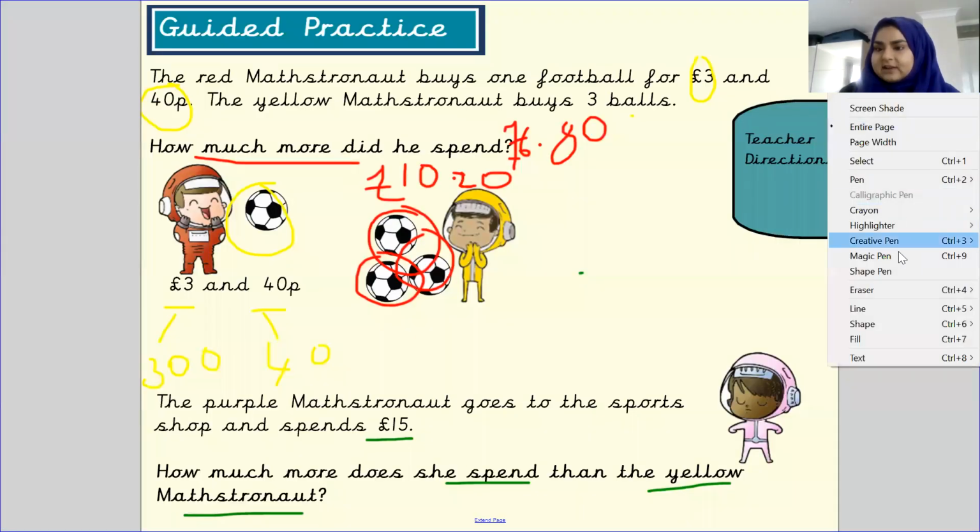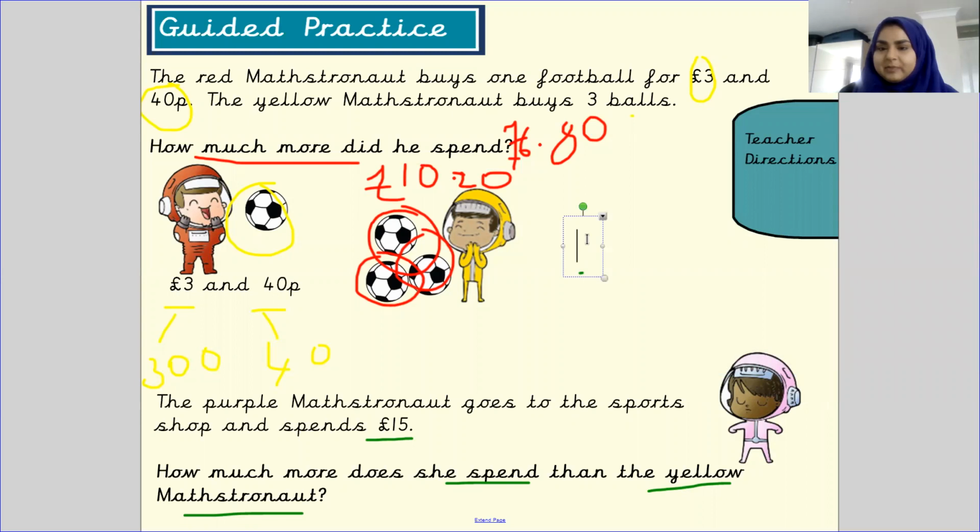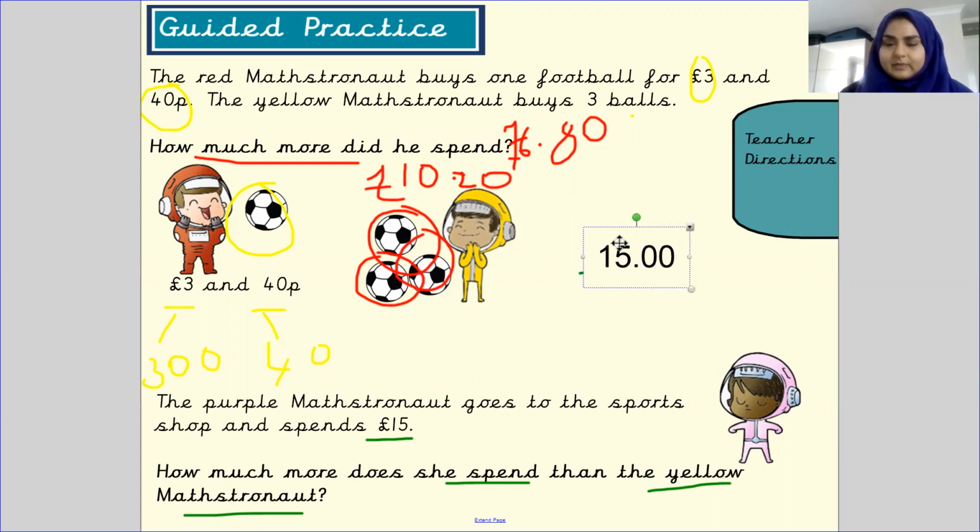Now let's work this out. So we are going to work out how much the purple astronaut spent, how much more she spent. Okay, so £15, and we're going to see how much more she spent than the yellow astronaut.